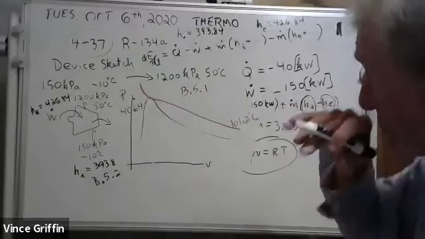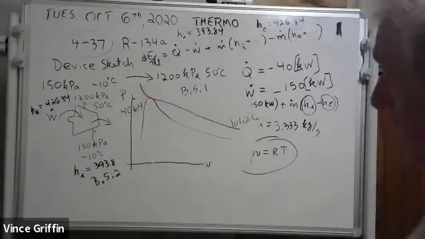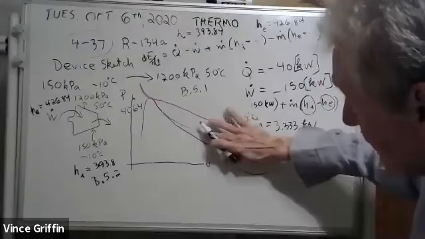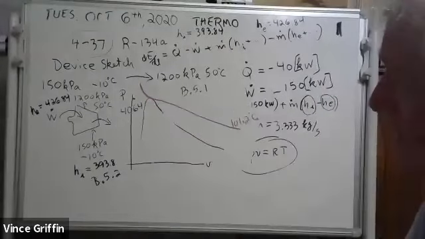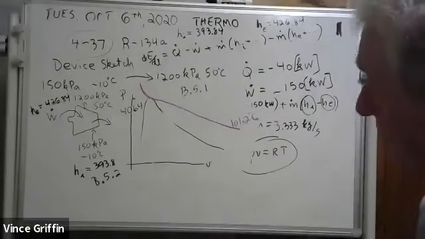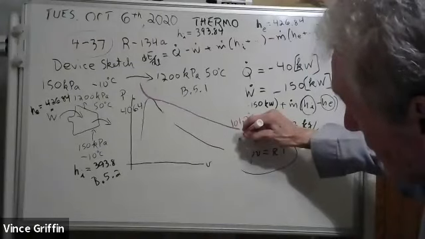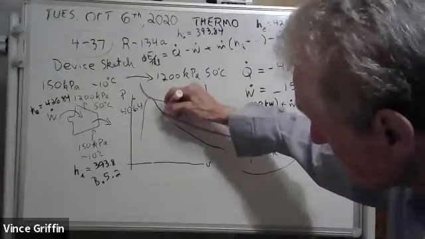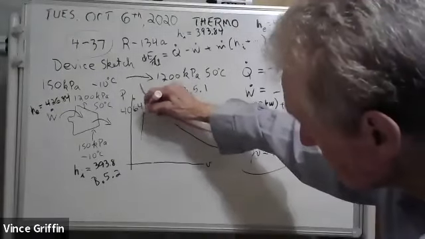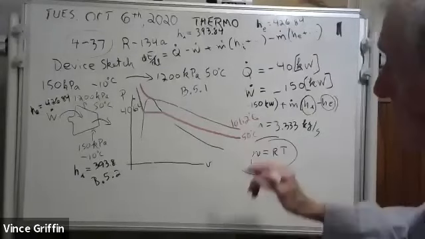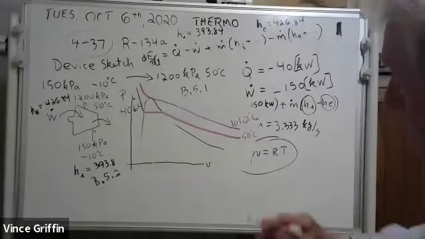Now I'm going to put in my stuff here. Let me make this a little bit further down here. I need the room. We need 50 degrees Celsius. And that's going to be right about here, maybe. There's your 50 degrees Celsius. And then we need a minus 10 degrees Celsius.